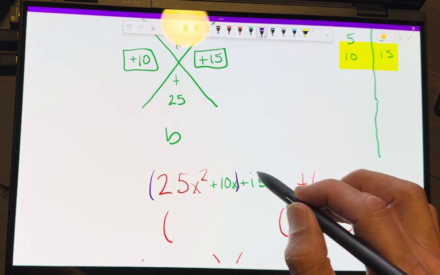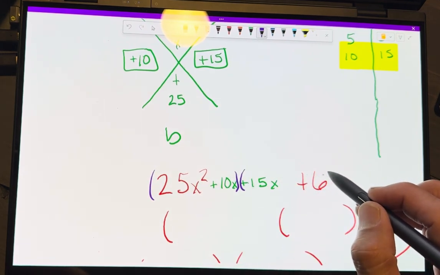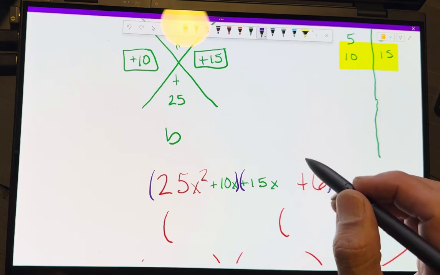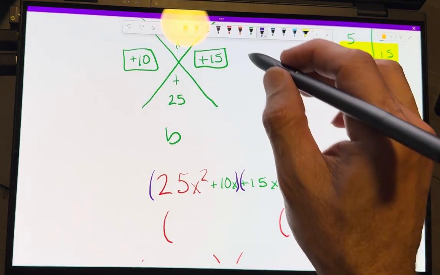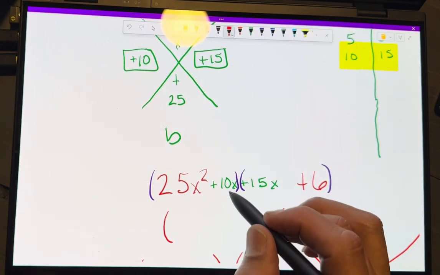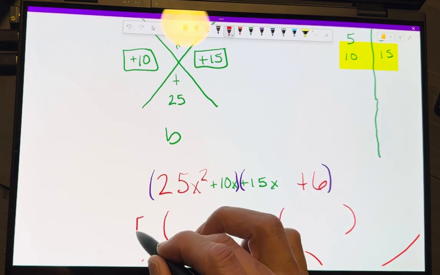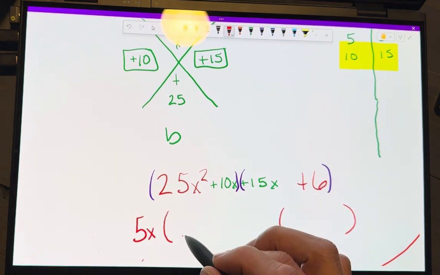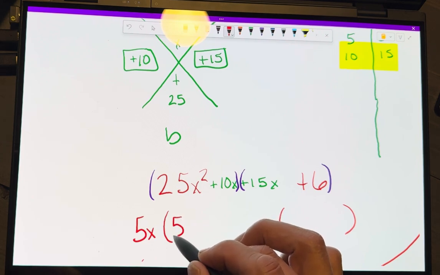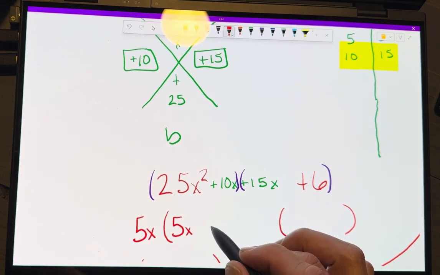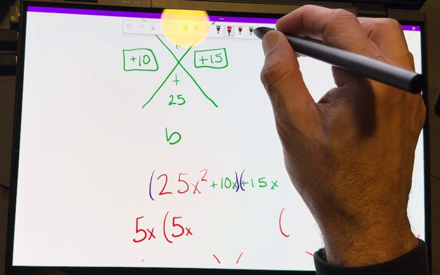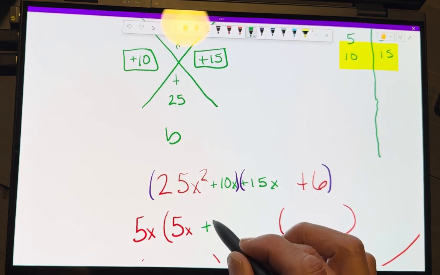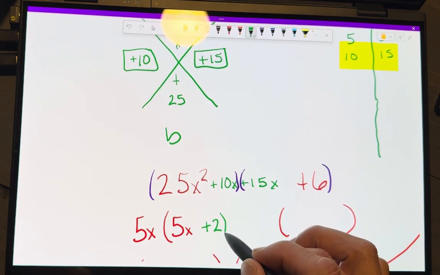So we'll find the GCF of these two and these two. The GCF of these two is 5x. 5x times 5x will give us 25x squared, and 5x times 2 will give us 10x.